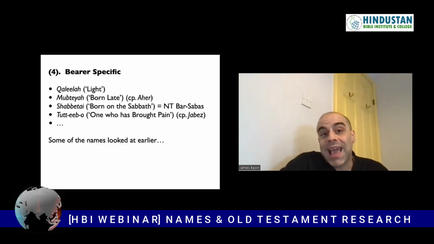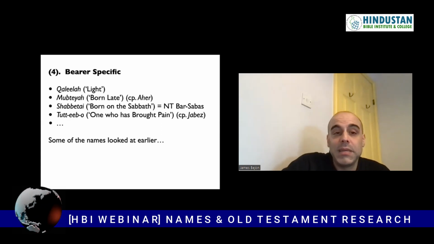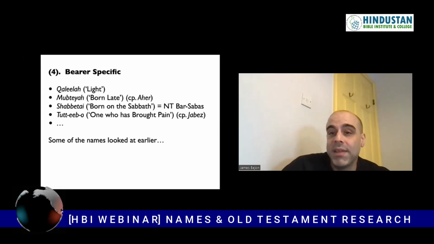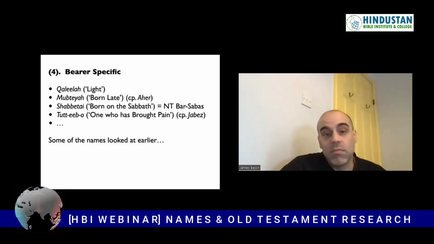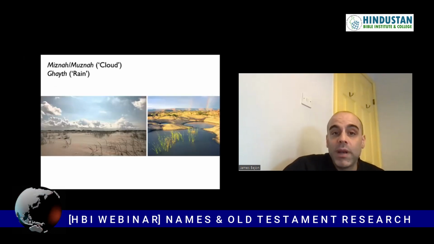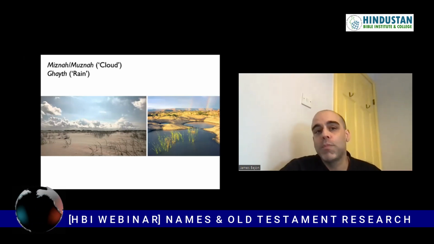Here is another name, Kalila. This is a name given to girls in Yemen. If they're very light, it means light, and if they're light in weight, then girls go by that name. And some of the names that we've already looked at actually have that same fitness to their individual bearers.